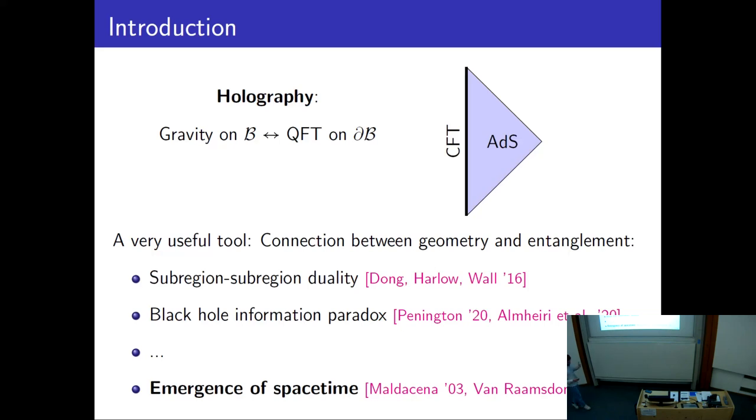In the context of AdS/CFT, which is the most known example of holographic duality, a very useful tool has been the connection between geometry on the gravity side and entanglement on the CFT side. This led to a lot of progress, such as subregion duality and progress in the understanding of the black hole information paradox. The one that will interest me the most today is the emergence of space-time from entanglement in the CFT.